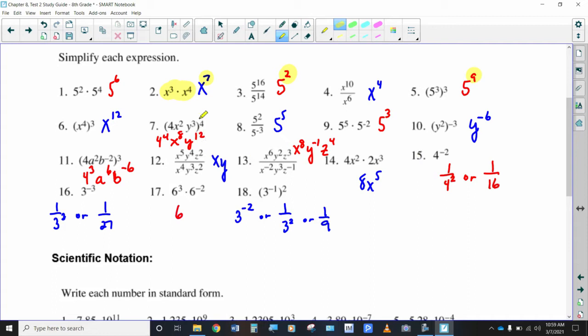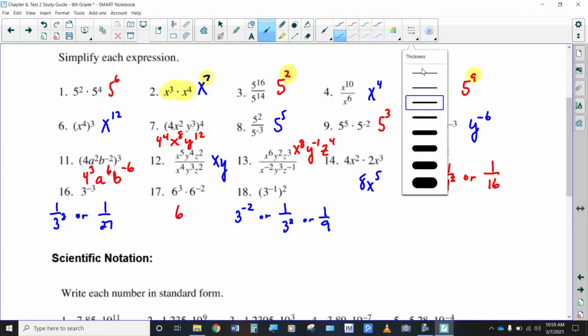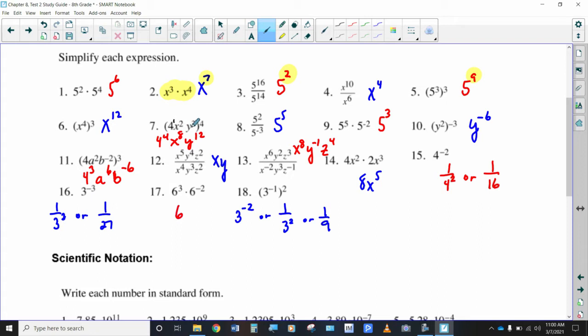When you are dealing with the power of a product, you're going to use this exponent rule every single time, and you just have to pay attention to the fact that this is 4 to the first power, that's x squared, that's y to the third.